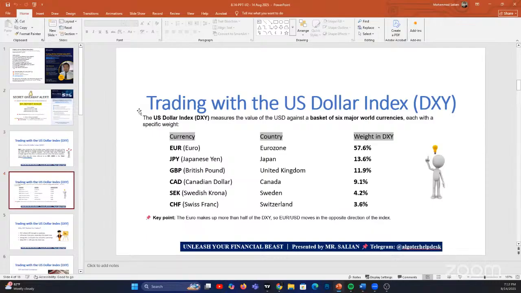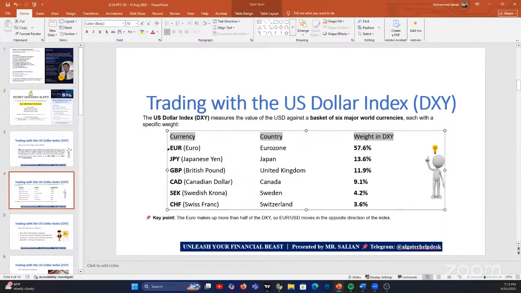The US dollar index measures the value of the US dollar against a basket of six major world currencies, each with a specific weight. As you can see here, we have the euro, the Japanese yen, the British pound, the Canadian dollar, and the Swedish krona.